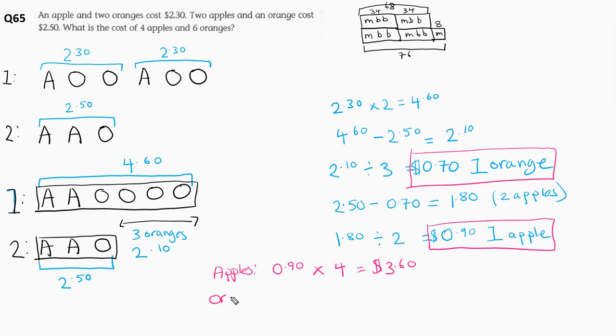And for the oranges, it's times 6, which is 420. And it wants the cost of them together. Okay, so we need to add those two together, and that is going to give us a total cost of $7.80. Okay.